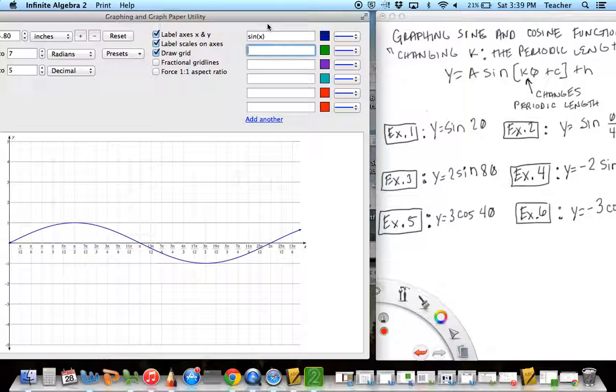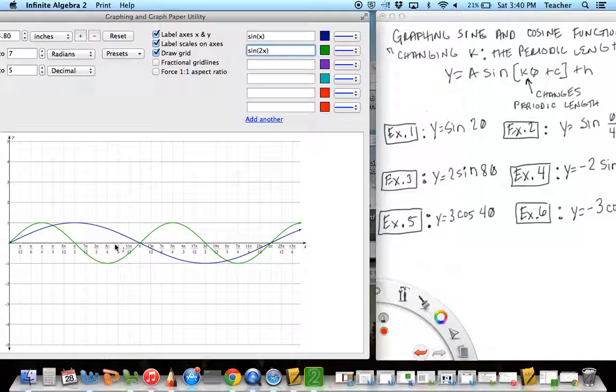You'll notice it has the same amplitude, but it has to do one periodic length in pi radians.